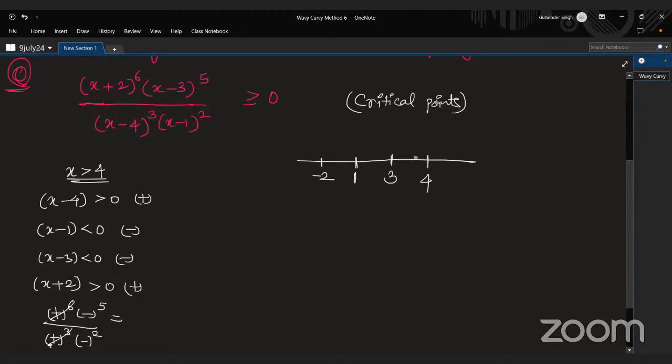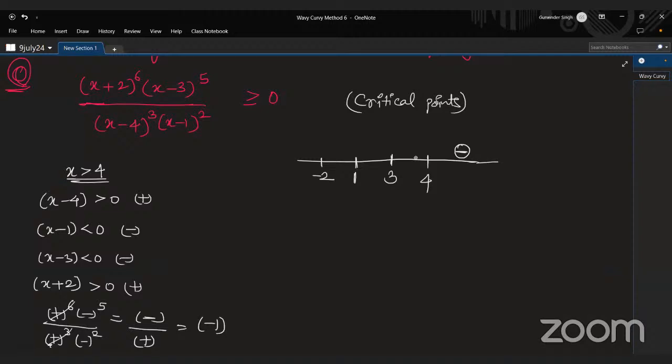Negative to the 5th power will be negative, and negative square will be positive. So negative divided by positive will be a negative value. So in this range, from 4 to infinity, this function will return a negative value.